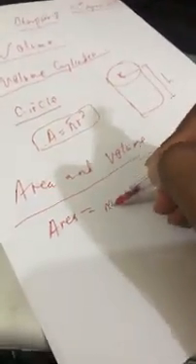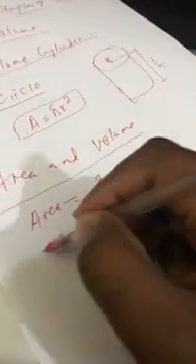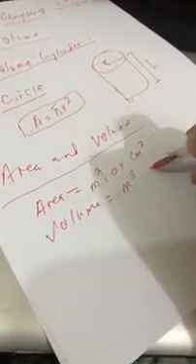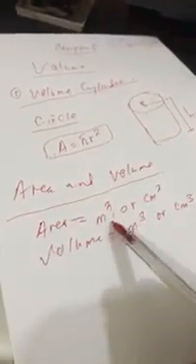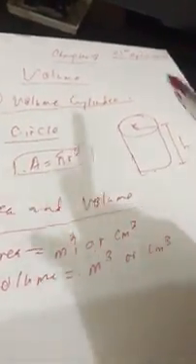We know the difference between area and volume: the unit of area is meter square or centimeter square, while the unit of volume is meter cubic or centimeter cubic or millimeter cubic, whatever. Because for volume we multiply in three different sides, and for area we multiply in two sides. So if we know the area of the circle, we just multiply by the height to find the formula of the volume of cylinder.